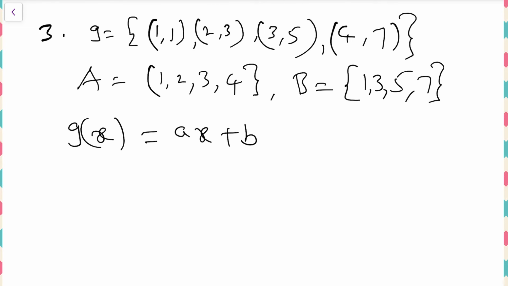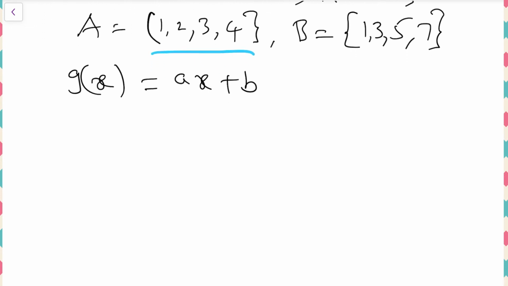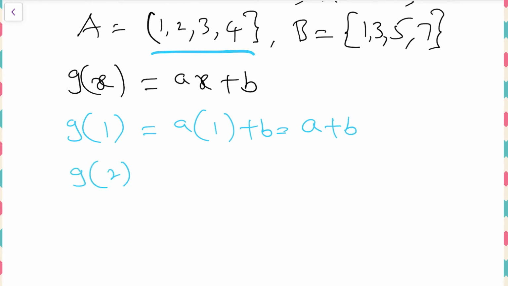So g of x is equal to ax plus b, right? Now in the set A we have 1, 2, 3, 4. I will substitute one by one. g of 1 is equal to a into 1 plus b, that is a plus b. Let's substitute 2. g of 2 is equal to a into 2 plus b, that is 2a plus b.